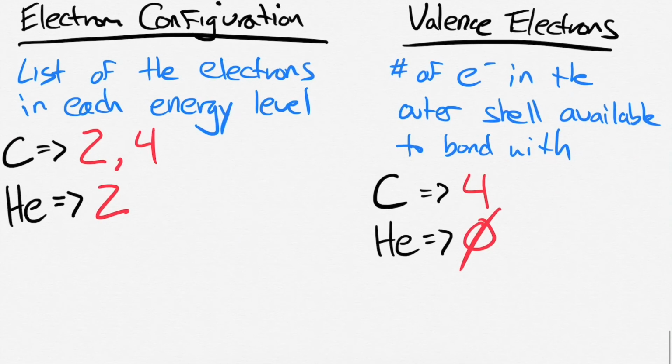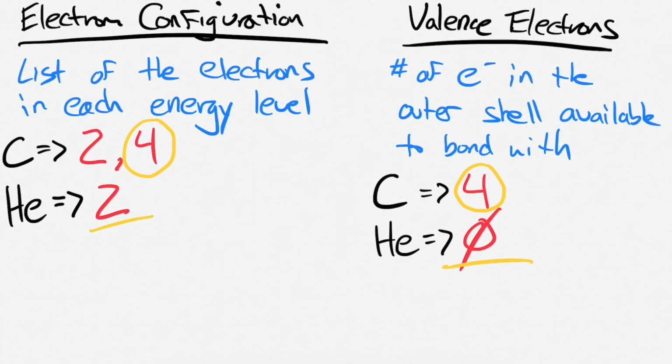Now you'll notice for carbon, the second number of the electron configuration, the last number, was the same as the number of valence electrons. But for helium, it was not the same. There were 2 electrons in the outer shell for helium, but because it was full, the valence electrons is 0.